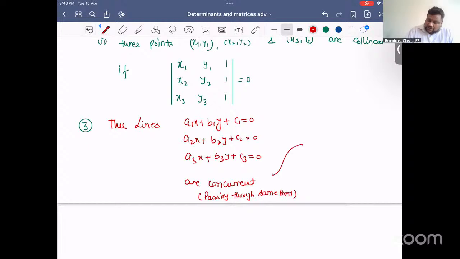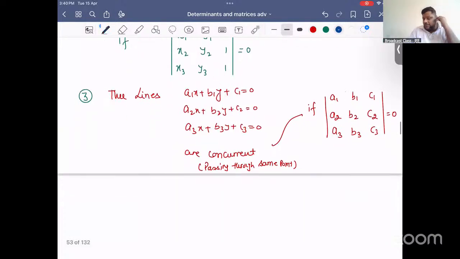They are concurrent if determinant a1, b1, c1, a2, b2, c2, a3, b3, c3 goes 0. So if the value of this determinant goes 0, that means these three lines will be concurrent, passing through the same point. Make a note quickly.